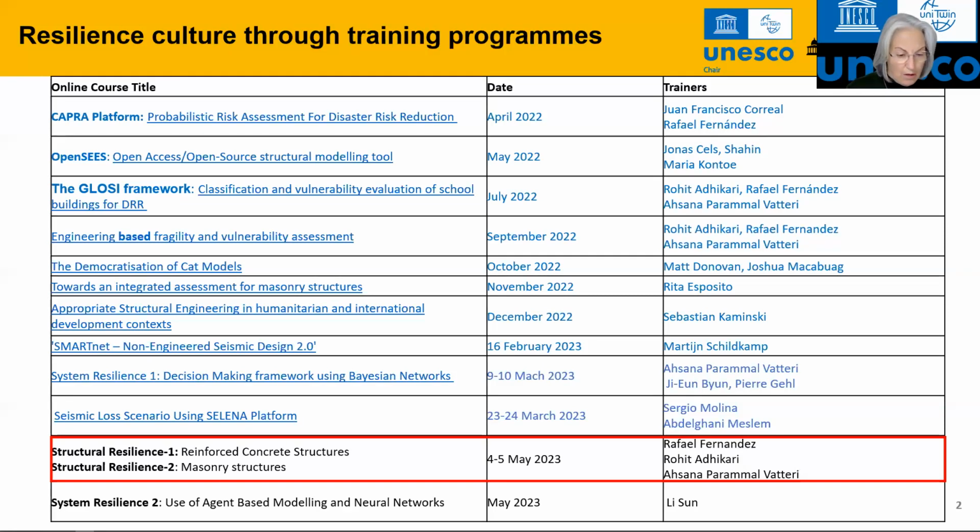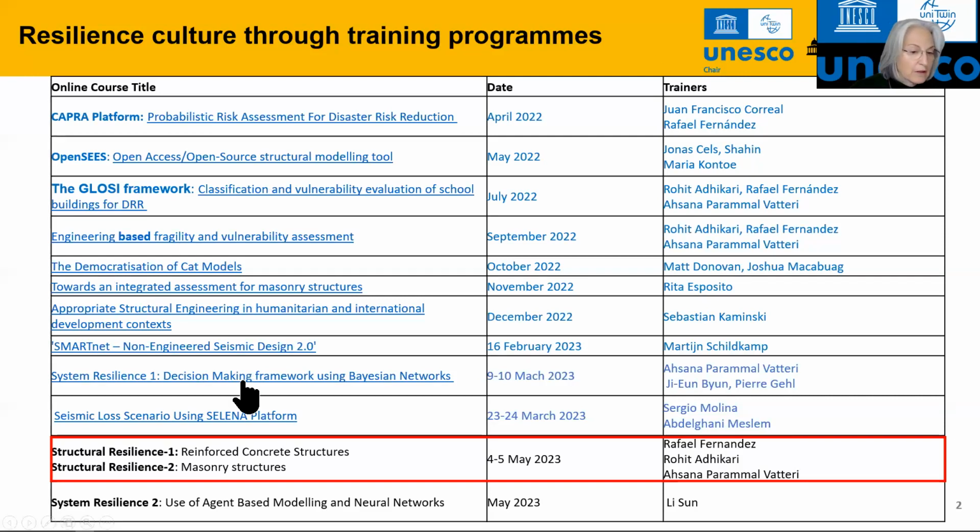So today we will deliver structural resilience part 1, which is reinforced concrete structures and masonry structures. Towards the end of the month, we will have system resilience 2, in which we will look more at the system level of resilience, and how we can recover systems that have been affected by natural hazards by using agent-based modeling and neural networks.